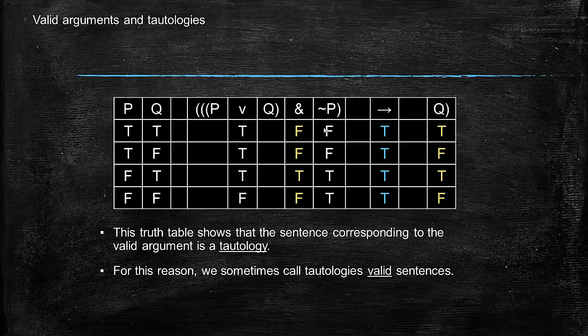So if you take an argument and convert it into a sentence, and the argument is valid, then the corresponding sentence is going to be a tautology. For this reason, we sometimes call tautologies valid sentences. We probably won't say that very often in this class. It's a little bit confusing. Generally, we like to just say that arguments are valid or invalid, but it's quite common terminology.